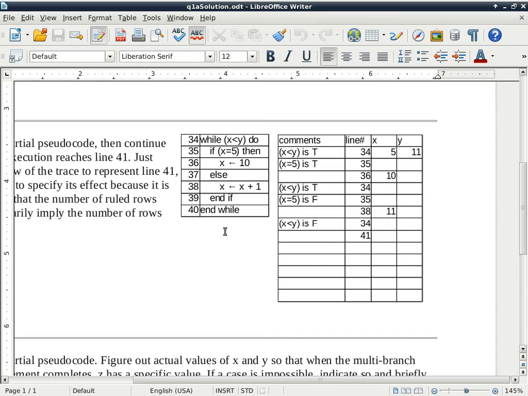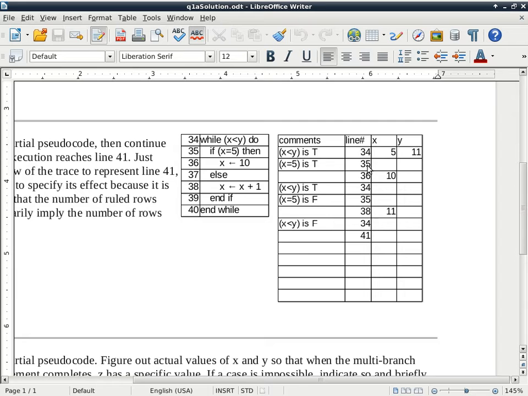The next one is also kind of nesting, but in this case it's a loop. This is the trace. The first line was given. X is less than y is true because x has a value of 5, y has a value of 11 on line 34. And because it is true, we have to go inside the loop. Inside the loop, we have a single conditional statement starting on line 35, ending on line 39.